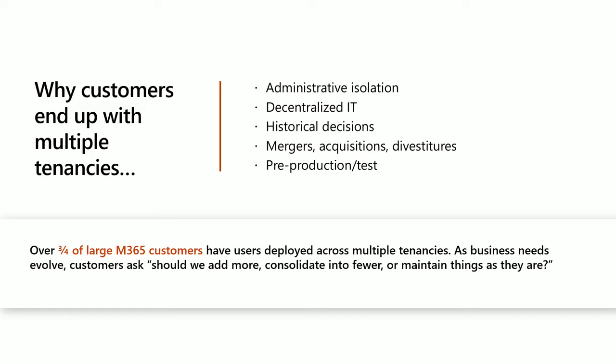And then over time, as things grow, and they're ready to come onto the cloud themselves, they find themselves in a situation where they've already built up significant effort and expertise on one side, but the IT center of gravity is still on-prem and needs to come to the cloud. And so you can end up with a situation where just organically you end up with multiple tenants.